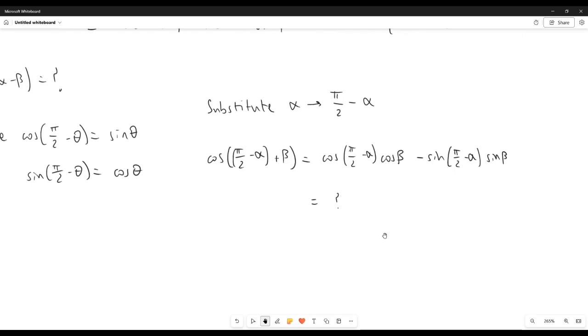We substitute our original cofunction identities into our current equation, which yields sine alpha cos beta minus cos alpha sine beta. This is the equation for sine of alpha minus beta.